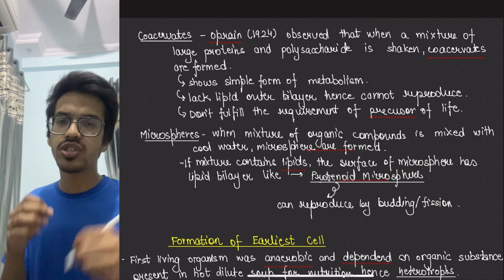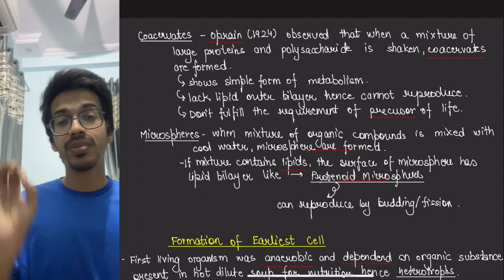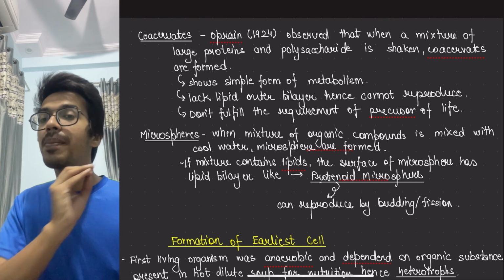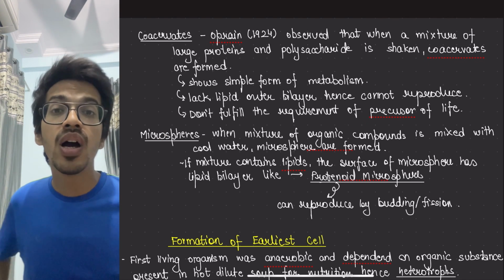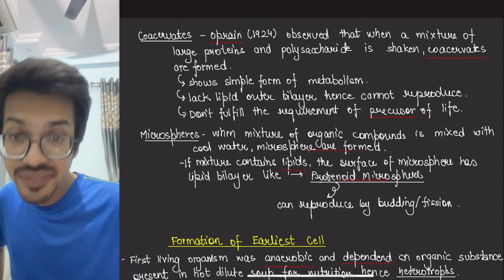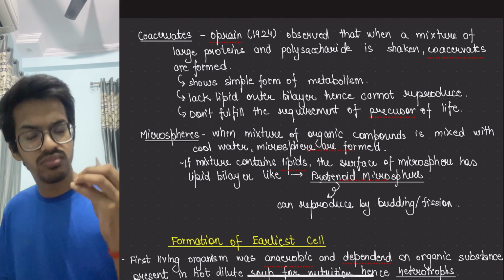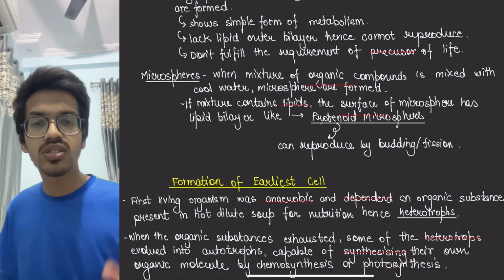They can reproduce by simple budding and fission like bacteria, and they are considered to be the initiator, or might be the progenitor, of life on planet Earth.